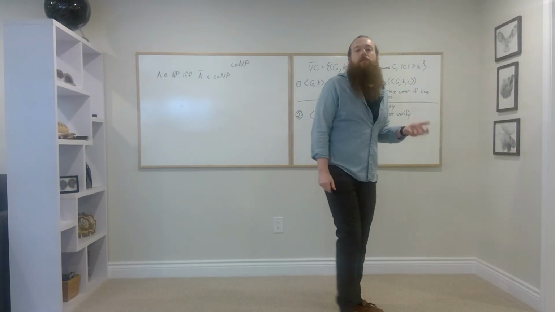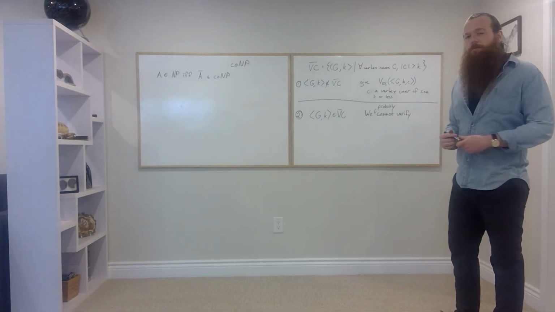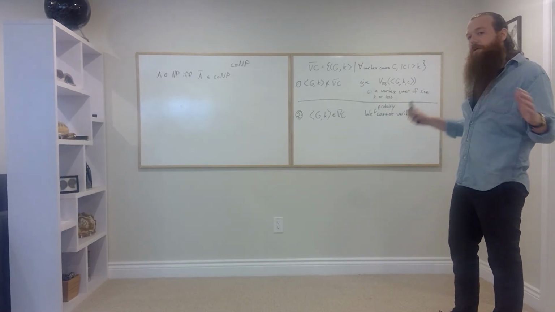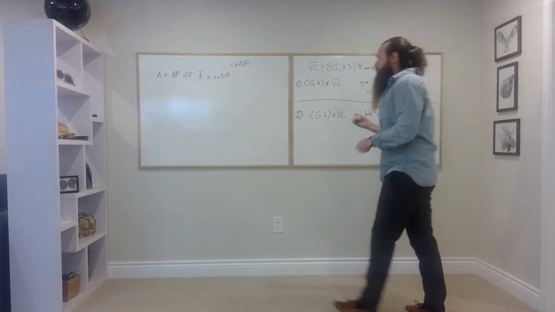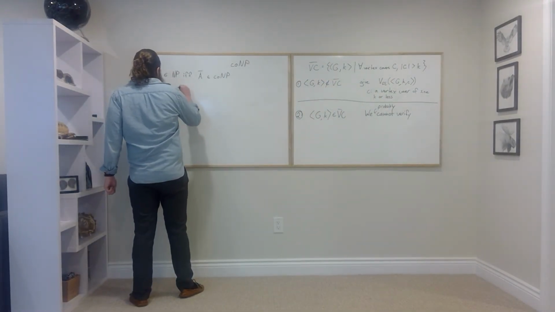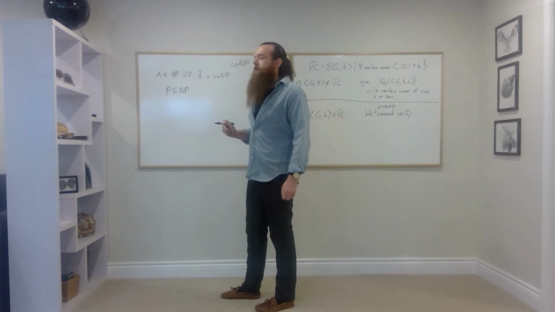I don't want to say a lot about co-NP, but I'll hit you with a couple things that might be intuitive for you, maybe not, but you definitely have the knowledge to check them on your own. So we know that P is a subset of NP.